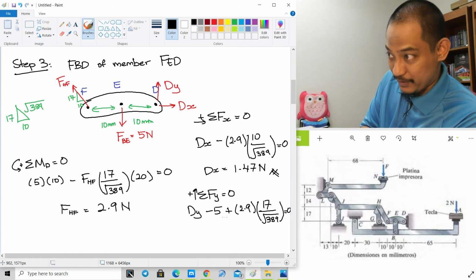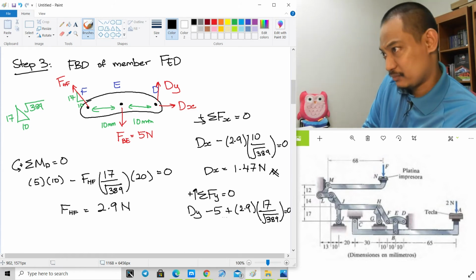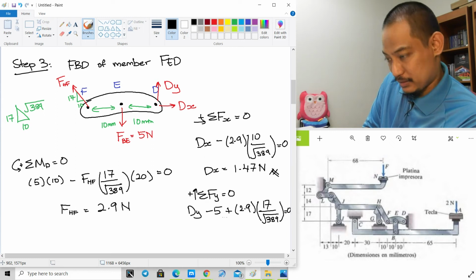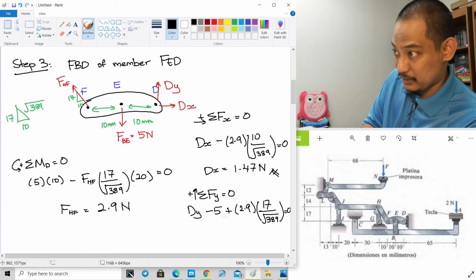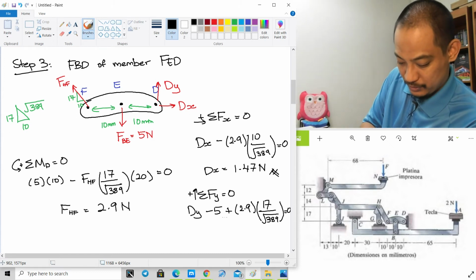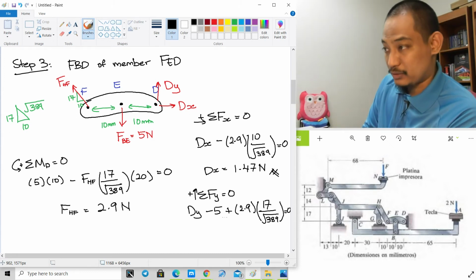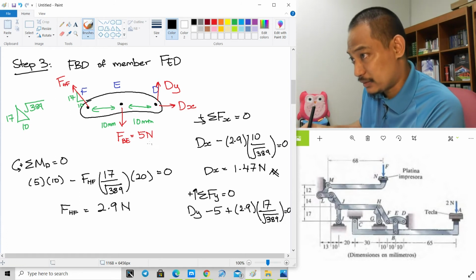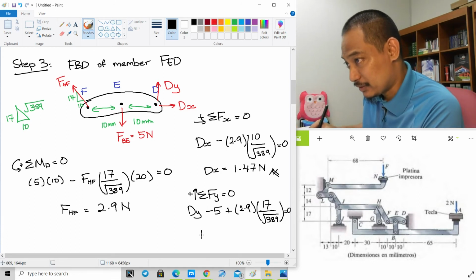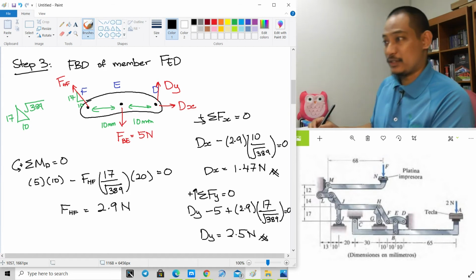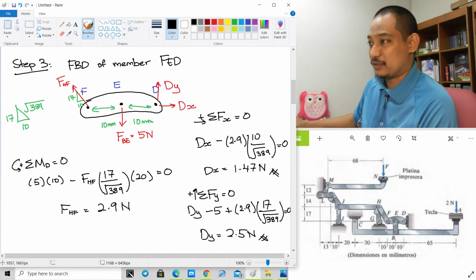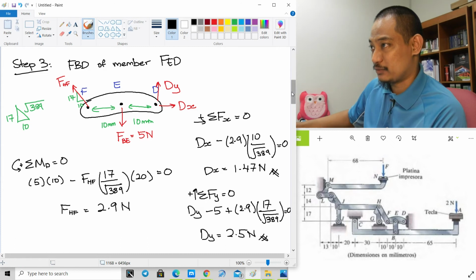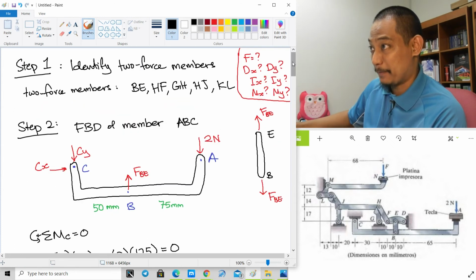So Dy will become 5 minus 2.9 times 17 divided by square root of 389. You get Dy equal to 2.5 Newton. So that's another answer, the first set of answers that we have managed to calculate for Dx and Dy.